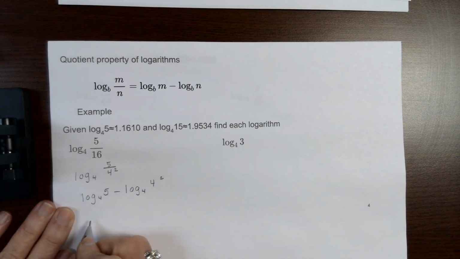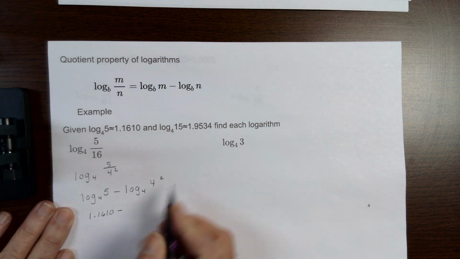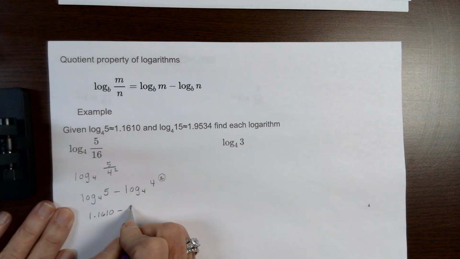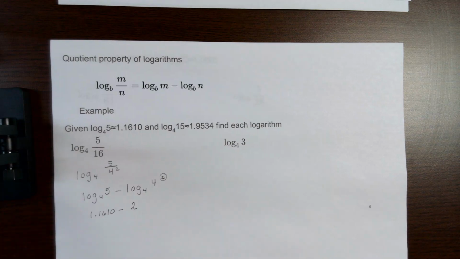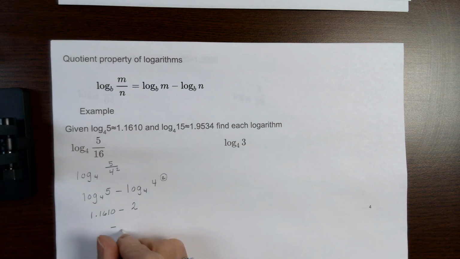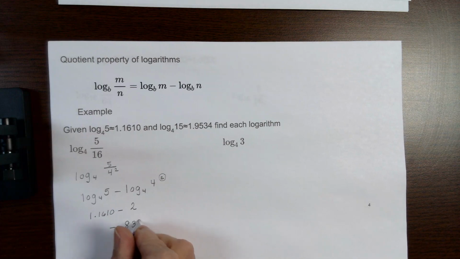So this value is 1.1610. This value, remember, is going to be that. So I have 1.1610 minus 2, which is going to be a negative 0.839.